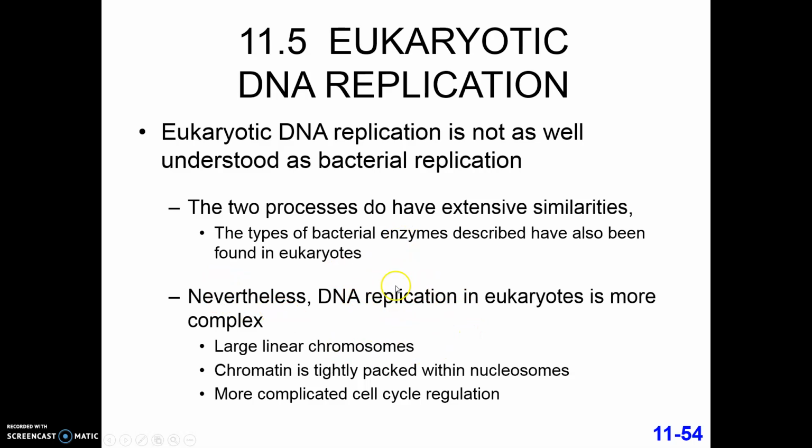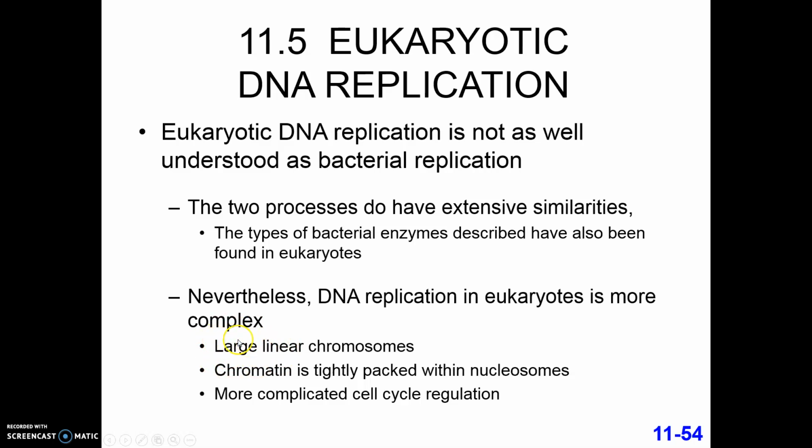Now, eukaryotic DNA does have a bit more going on, such as having linear chromosomes. That's an issue that we didn't have to deal with in bacteria, the process of replicating the ends.